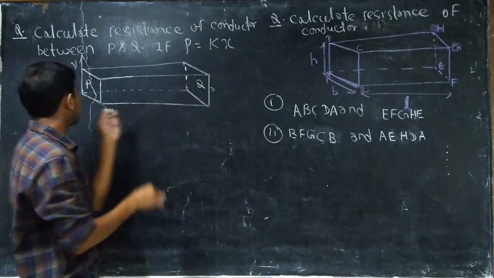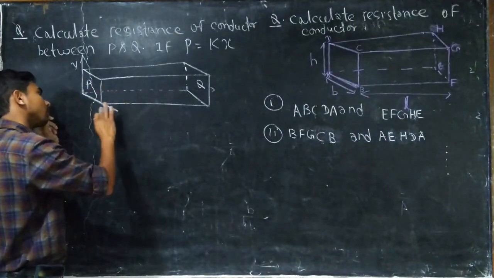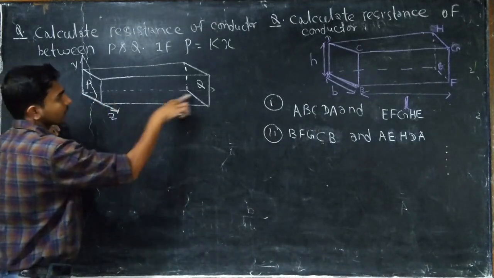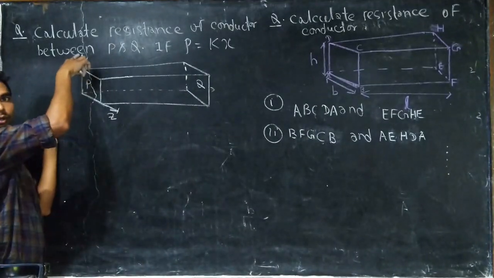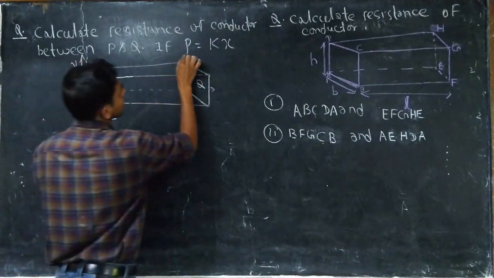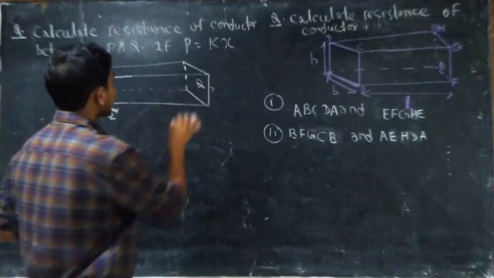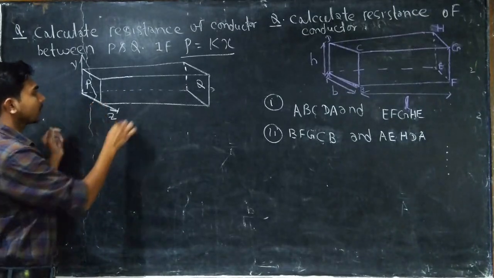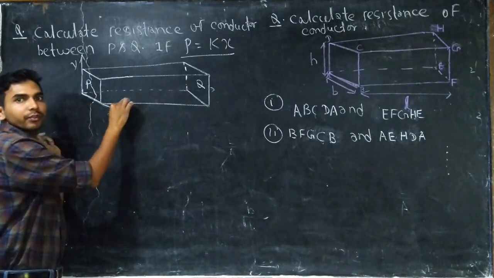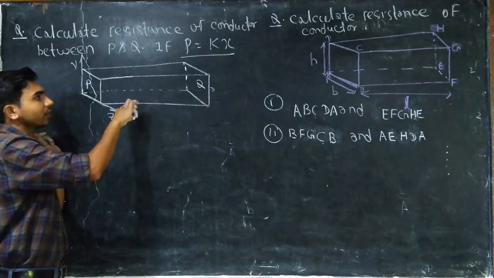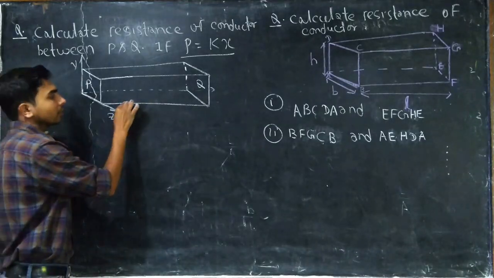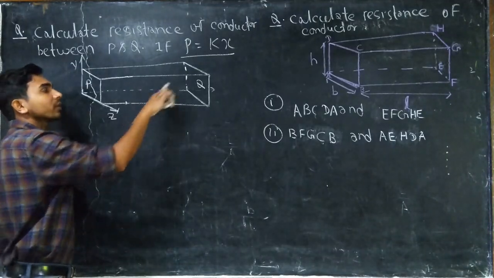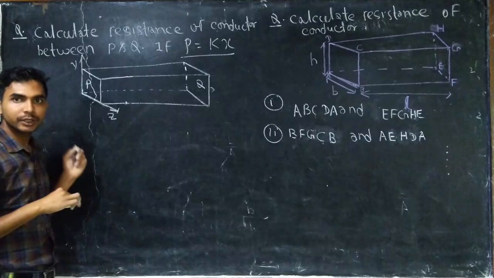For different points, resistivity will be different because each point has a different value of X.